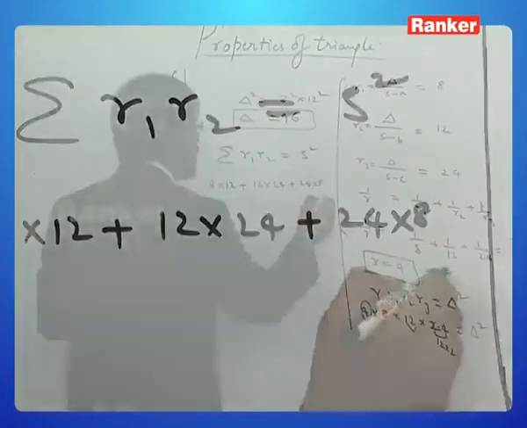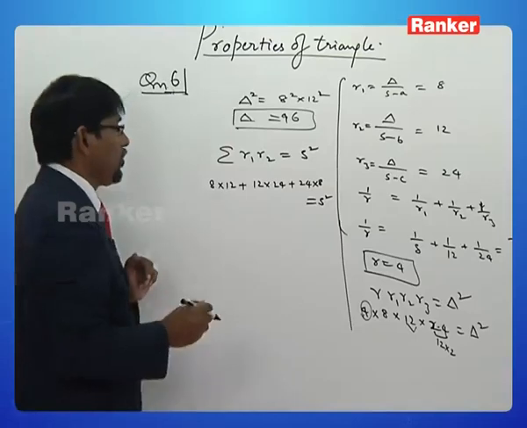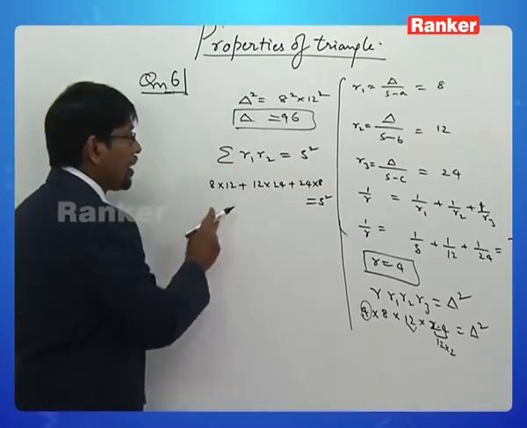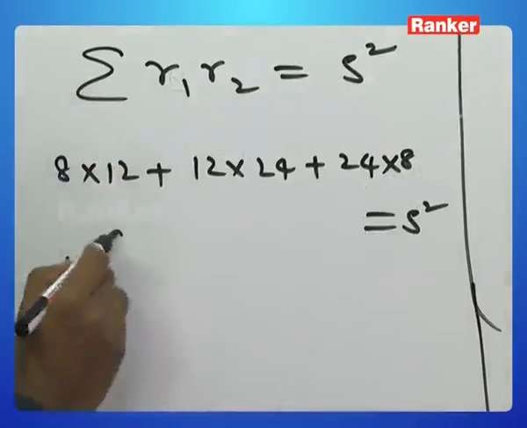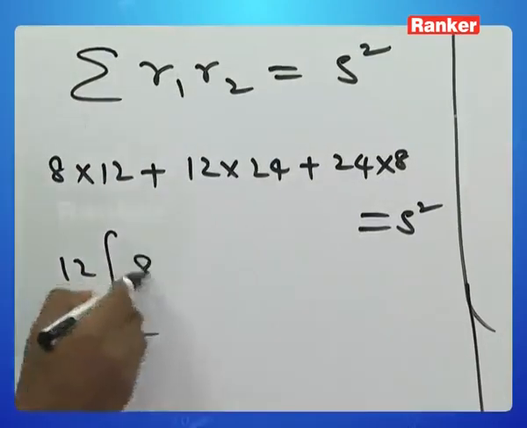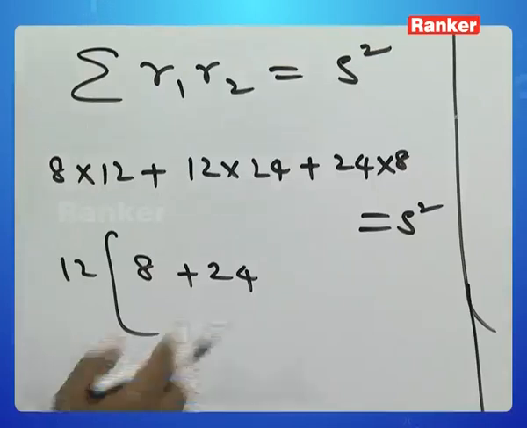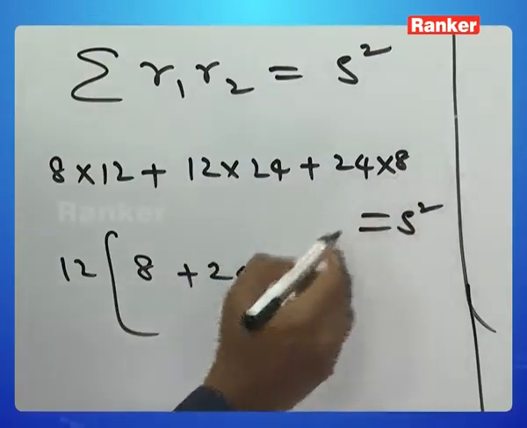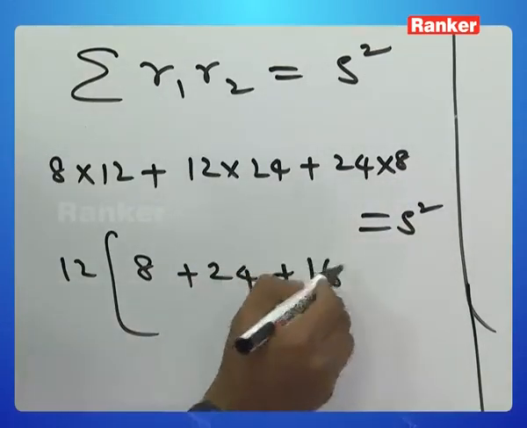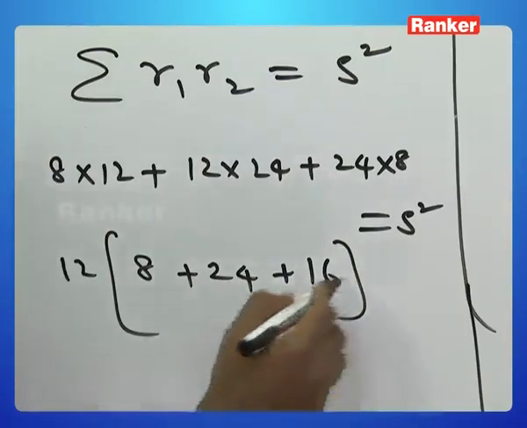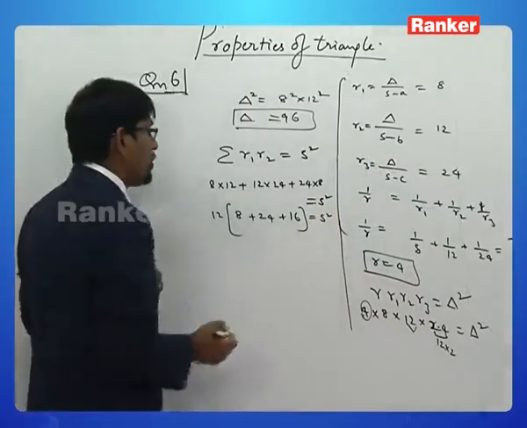That is our S square. So clearly we can take out a 12 common. Here we have 8 plus 24 plus 8 into 2, 16. Okay, so that is S square here.